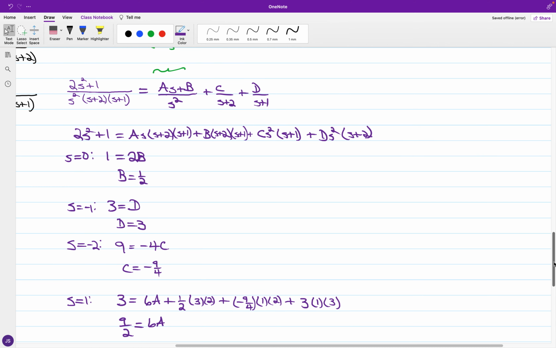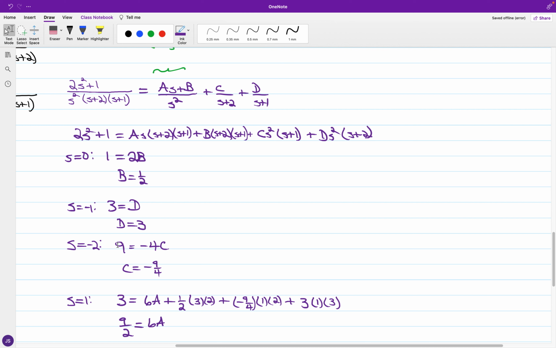And so utilizing the zeros of s plus 2 and s plus 1, if I set s to 0, I get b is equal to 1/2. And for s equal to -1, our terms in a and b and c go out, and we are left with d equal to 3.